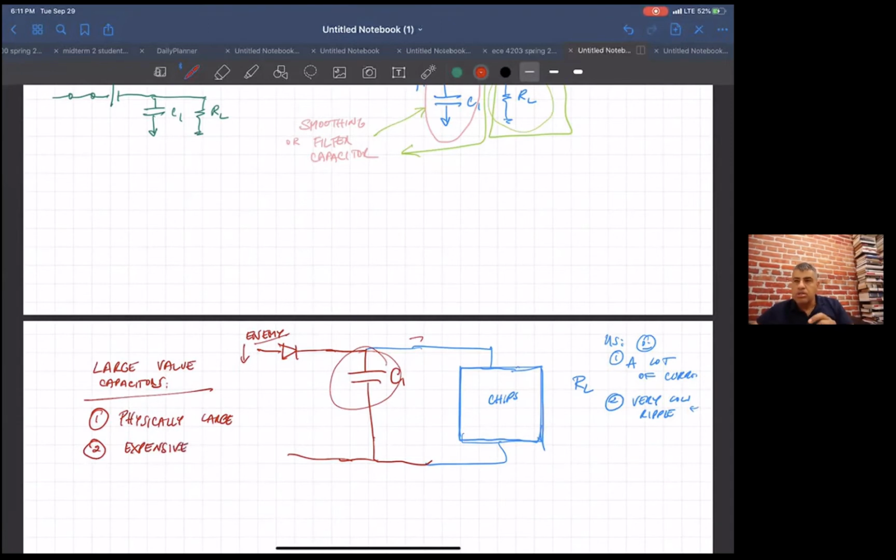Large, expensive. The bill of materials is a very, very important thing, and what happens is a bunch of little things add up. Expensive means different things to different people.